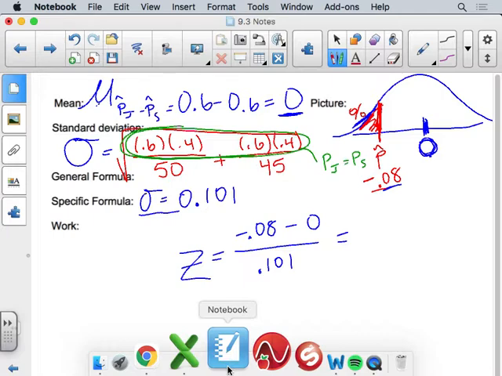You get negative 0.792. The z table goes to 2 decimals, so negative 0.79 would be a good z-score.